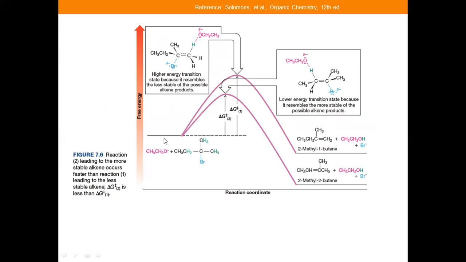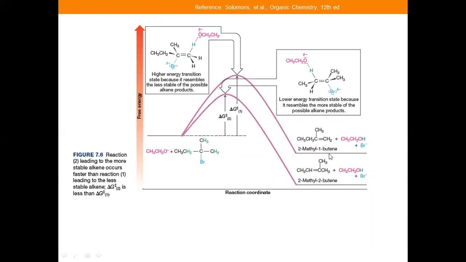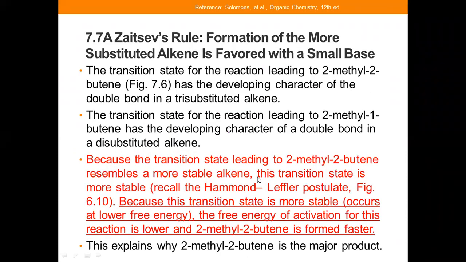What we can also learn from this graph is that the transition state leading to 2-methyl-1-butene has the developing character of a double bond in the disubstituted alkene. You can see that the transition state of 2-methyl-2-butene, the second curve, is more stable, because this transition state resembles a more stable alkene.